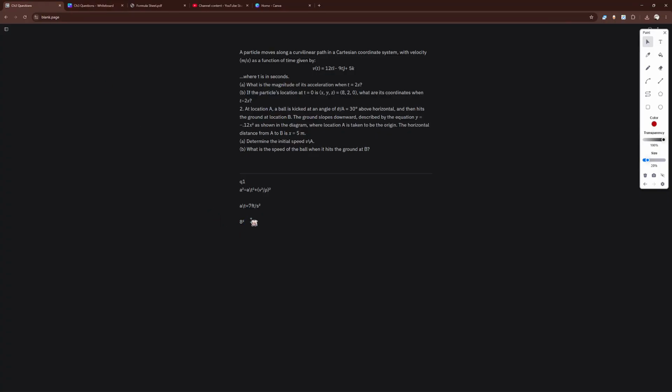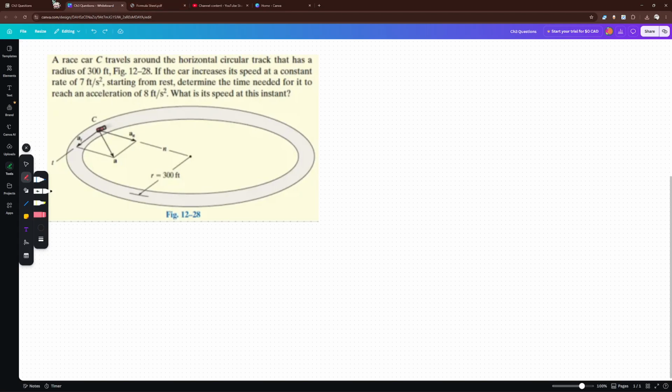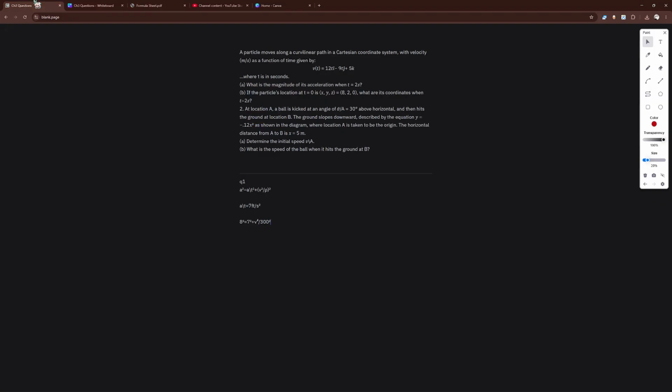We set 8 squared equals 7 squared plus v to the 4 over rho, which is 300 squared, just like that. Okay? And then now we just rearrange and put it into the calculator. So 8 squared minus 7 squared, times 300 squared.